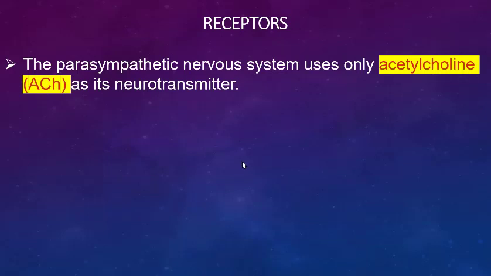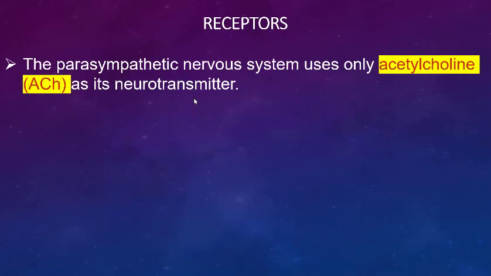The parasympathetic nervous system uses only acetylcholine as its neurotransmitter. The parasympathetic system uses only acetylcholine at the preganglionic level and also at the postganglionic level.